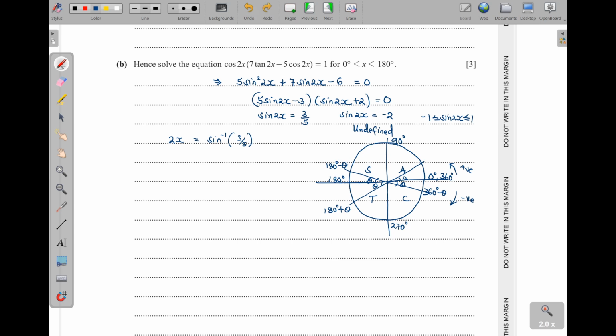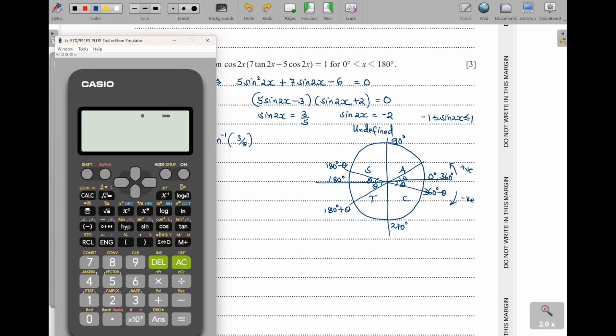So we are going to have, first of all, the arc sine of this one here. You are supposed to pick the two angles in the two quadrants where sine is positive. That is in the first quadrant and second quadrant. When you look at the domain, it is in degrees. So whatever we are having here should be in degrees.